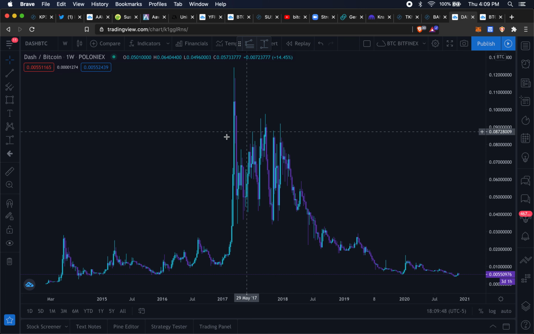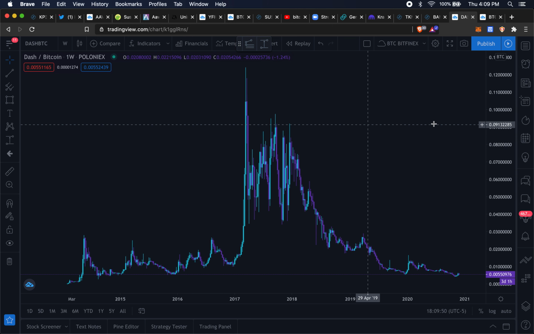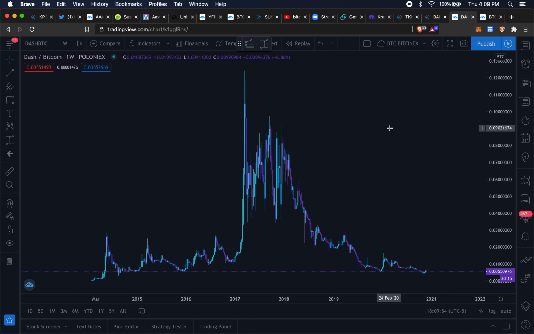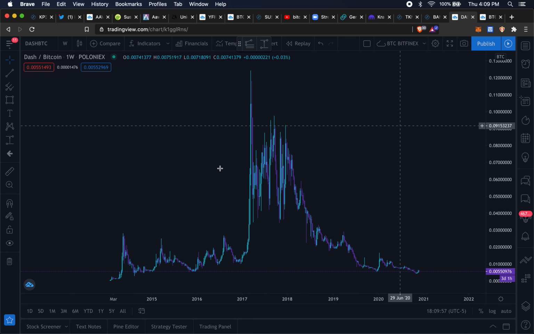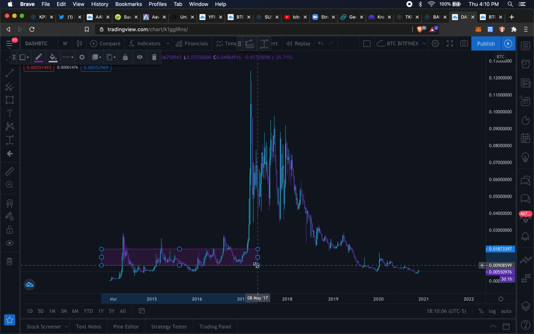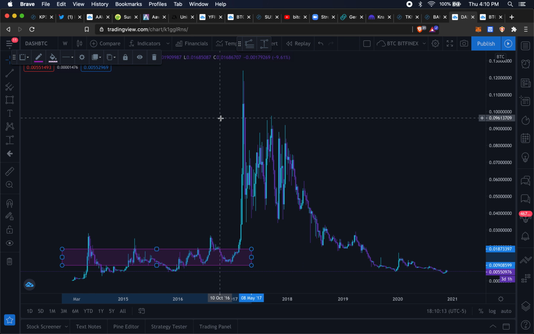So this chart of Dash, you need to get really used to this pattern. If you zoom out on the life cycle of many altcoins from back in the day, this is what you see. You see an accumulation range, like we talked about in our market cycles video. You see a massive parabolic top, the markup period. And in altcoins, the markup happens even quicker and more sharply and more exaggerated and with higher percentage gains.